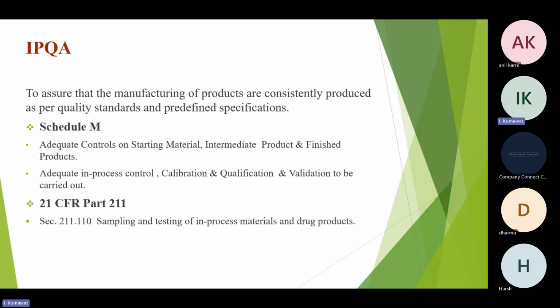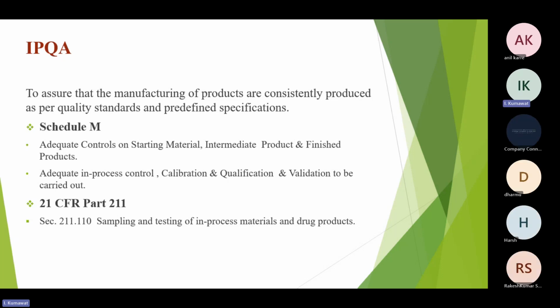Then intermediate products: once we mix the materials like excipient and API in granulation, either RMG, rapid mixer granulator, or FBP, or any intermediate stage, we have some adequate controls.